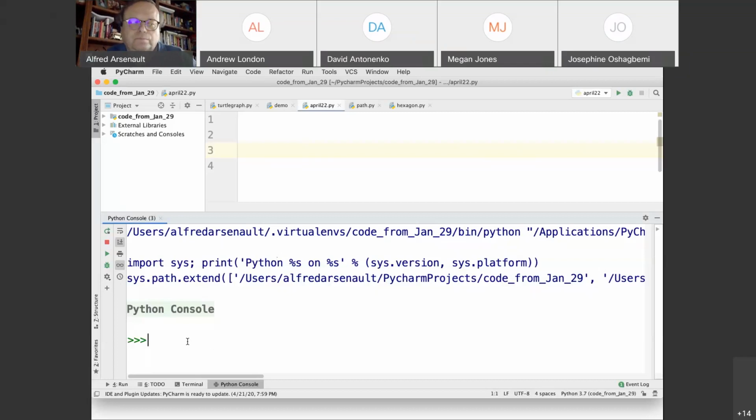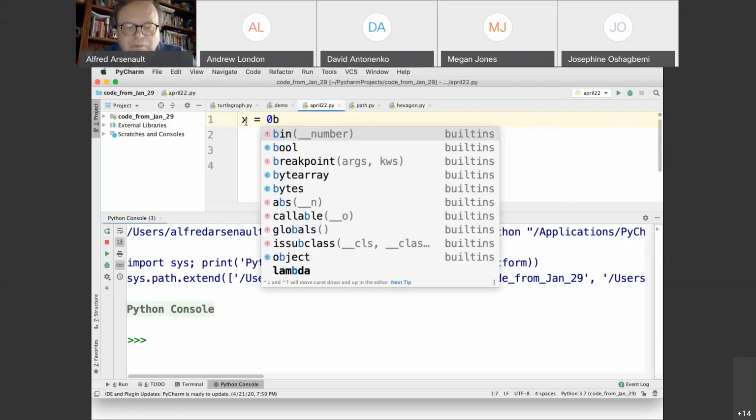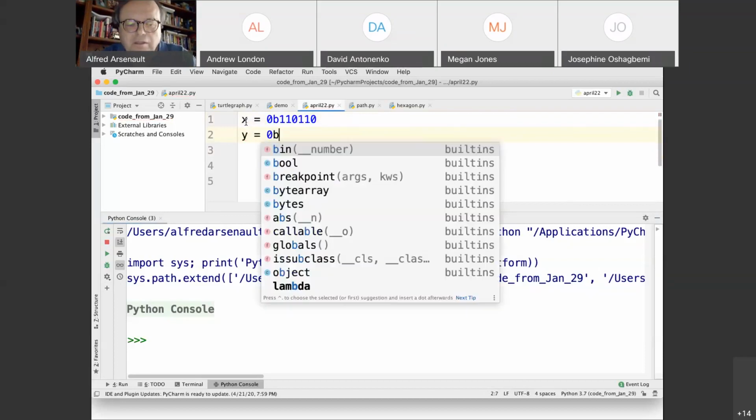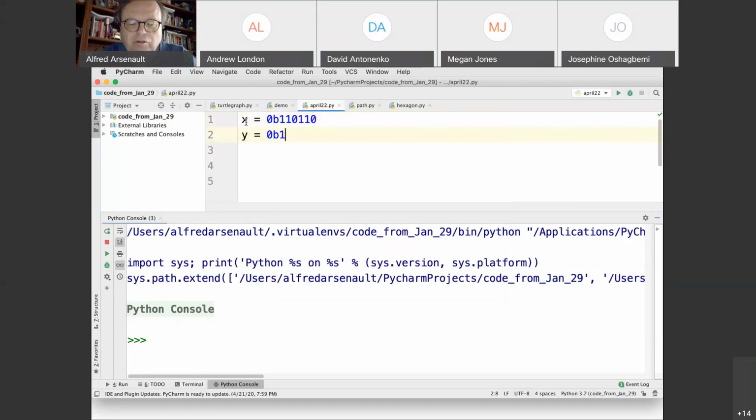Here, we're going to say x equals 0b, which means this is a binary number, 110110. We're going to have another binary number, y equals 0b1001.